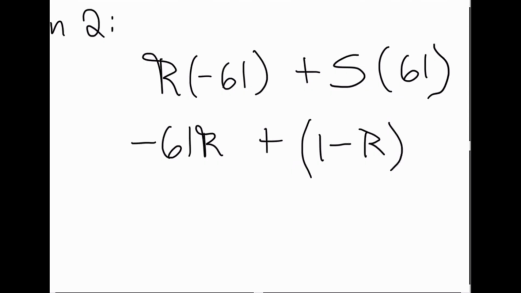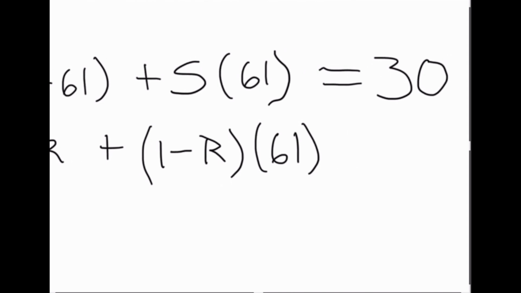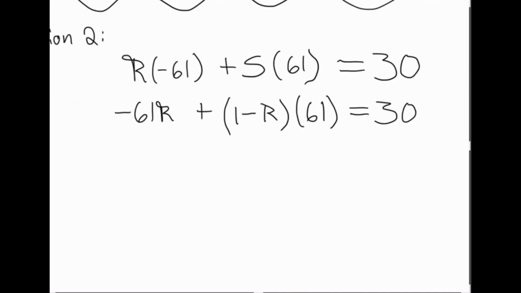So S is equal to 1 minus R, times 61. That is still equal to 30. Everything's looking good here, or at least on my end.